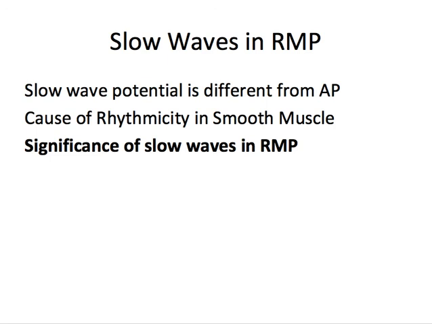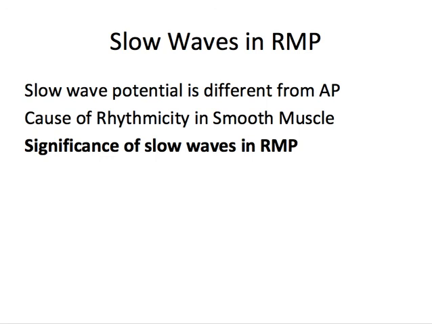So, when you are asked in your viva question what is the significance of slow waves in the resting membrane potential of smooth muscle, your answer will be that this kind of potential leads to spontaneous generation of action potentials in the unitary muscle, and hence it makes the unitary muscle self excitatory.